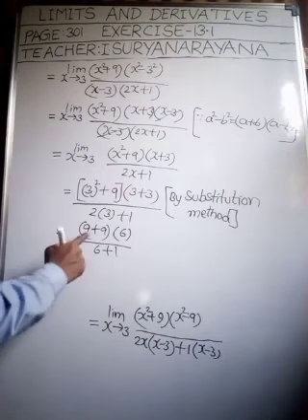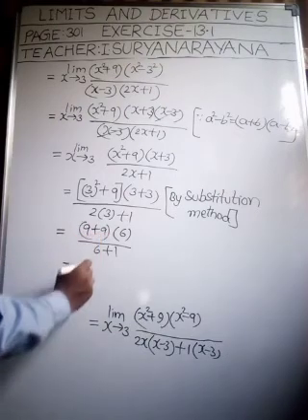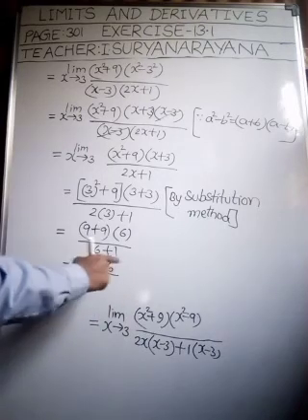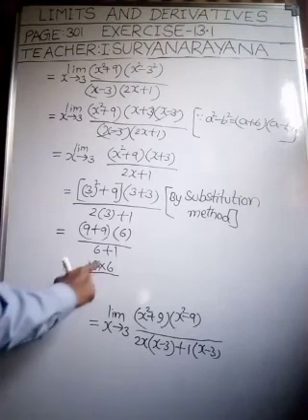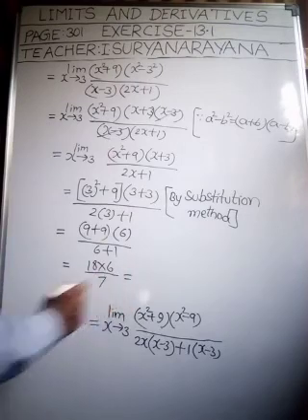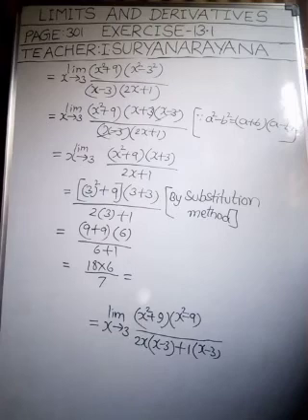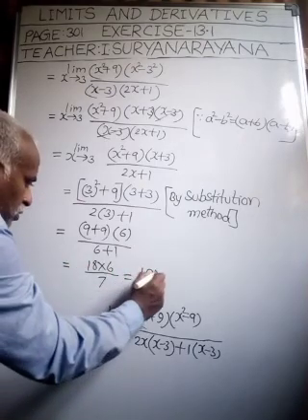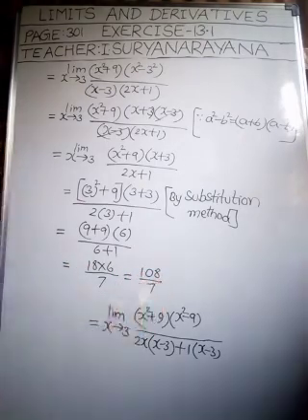That is equal to, what will you get here? 9 plus 9, 18, into 6, by 7. Understood, my children? Right. Then let us simplify this number. What will you get? 18 into 6 is 108, by 7. So this is the limit of the given function.